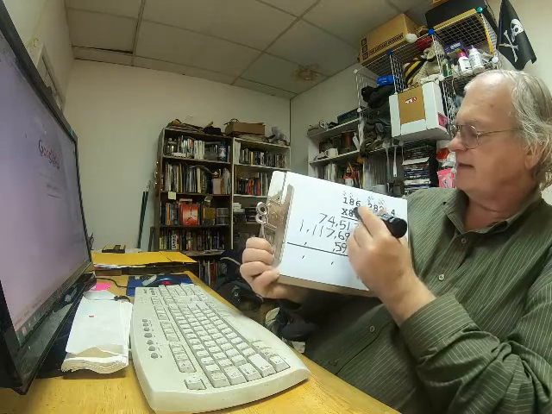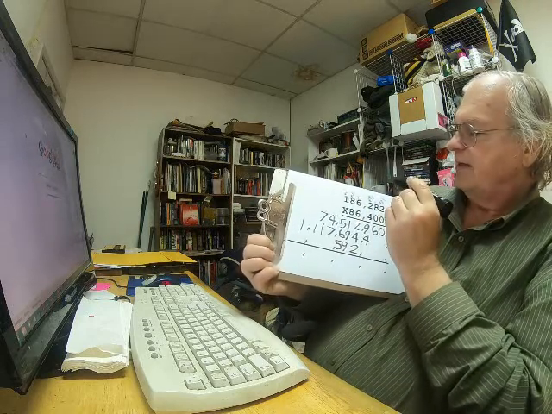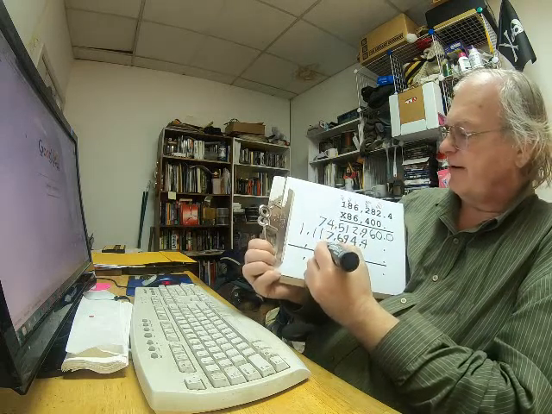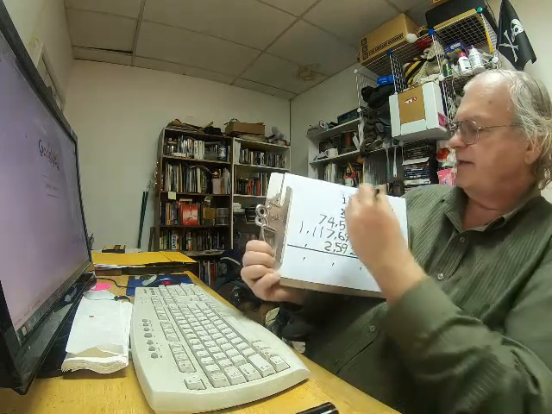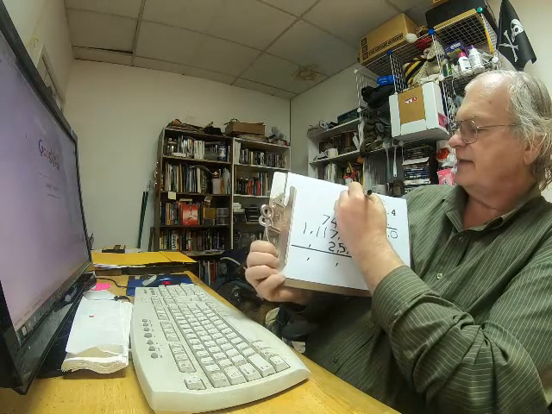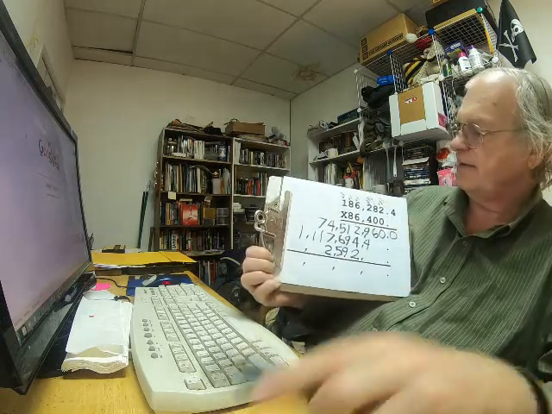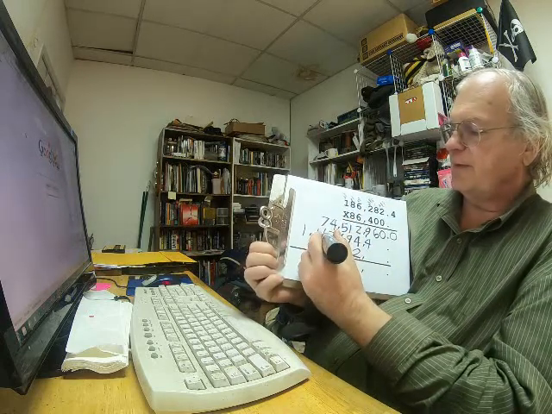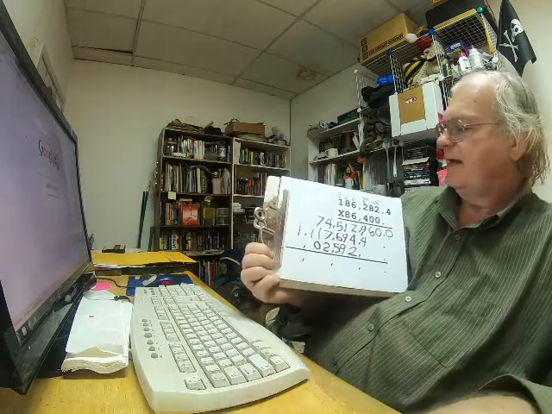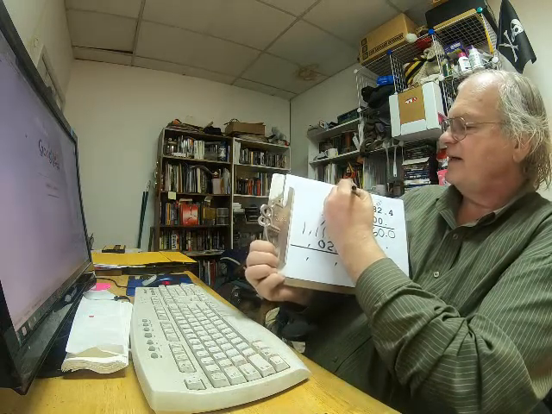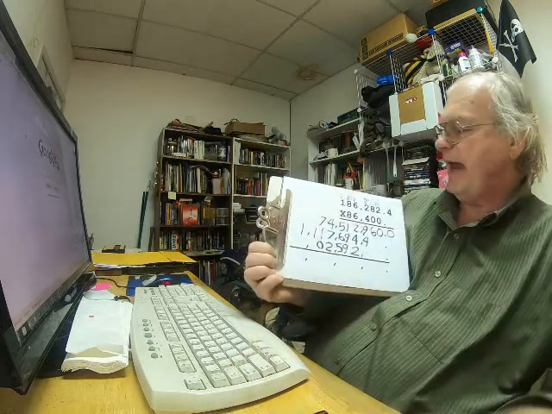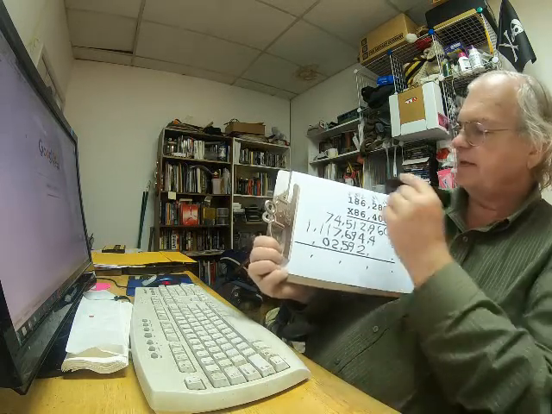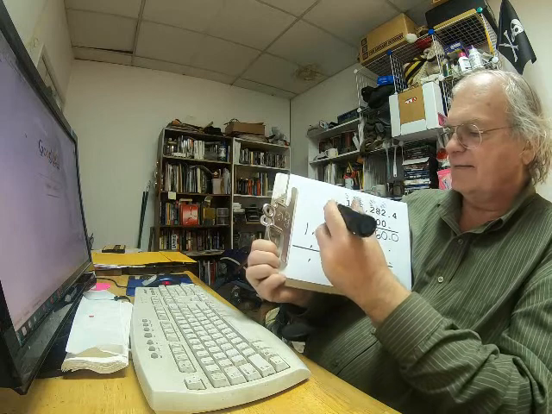2 times 8 is 16, plus 6 is 22. So we put a 2 here. And now we carry the 2 over this 6, because we're done with the previous numbers. 6 times 8 is 48, plus the 2 is 50. So we put a 0 here. And we carry a 5 here, because these numbers are starting to get a bit big. 8 times 8 is 64, plus the 5 is 69.